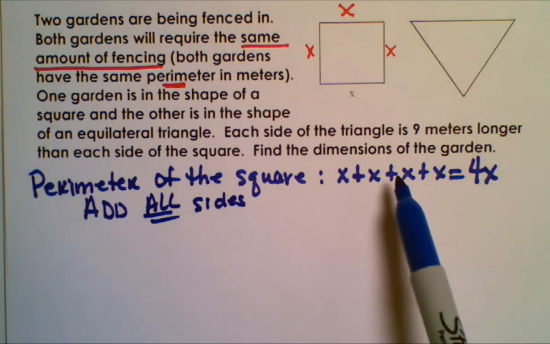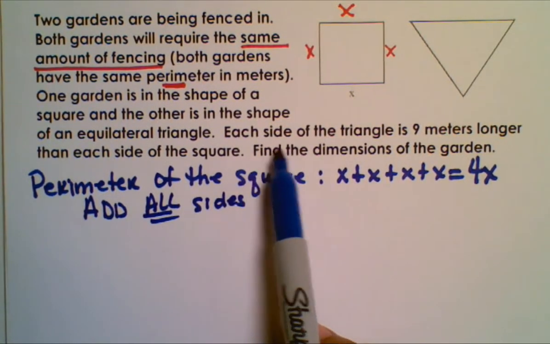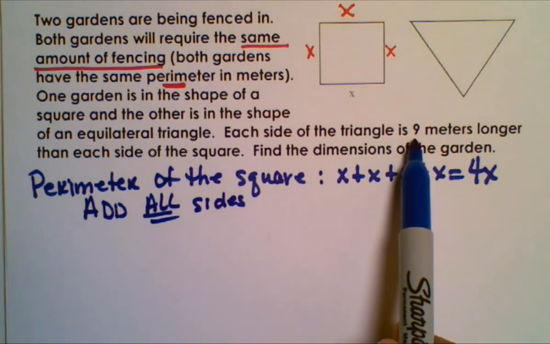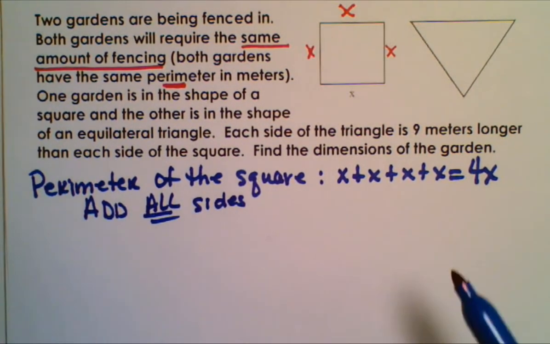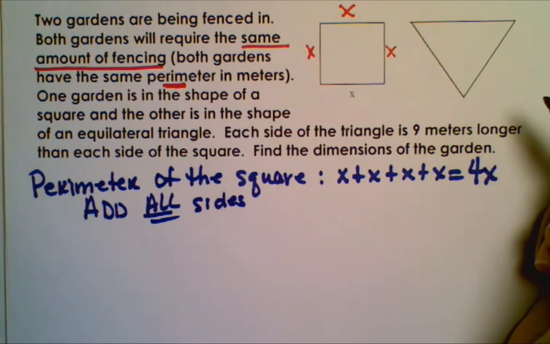Now, it says here, each side of the triangle is 9 meters longer than each side of the square. So, longer than.